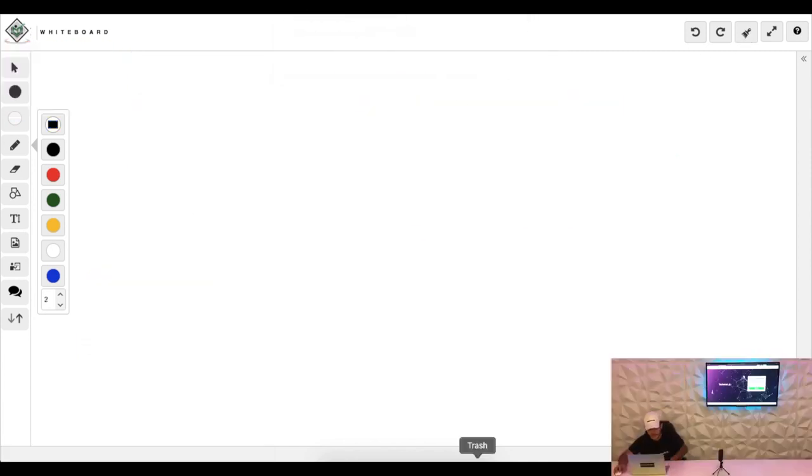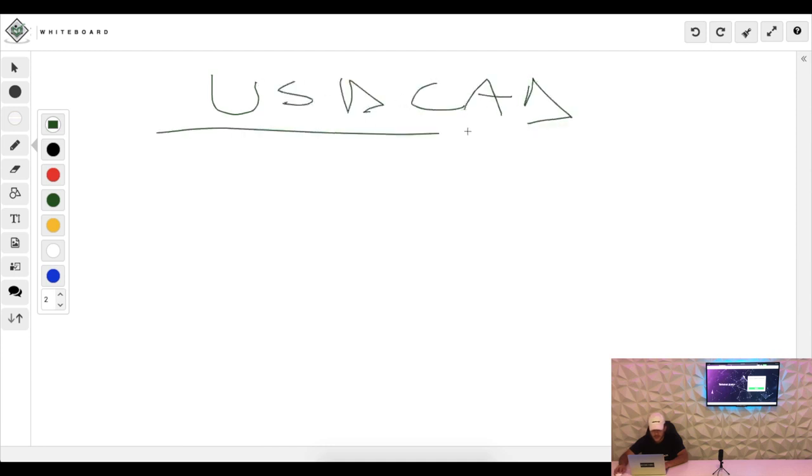Okay, so now, for example, let's use USD CAD as an example, as we shall go to the chart in a bit. But let's say your stop loss was 15 pips and your take profit 55 pips.